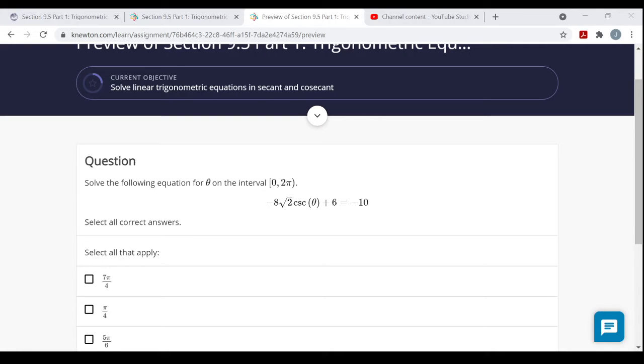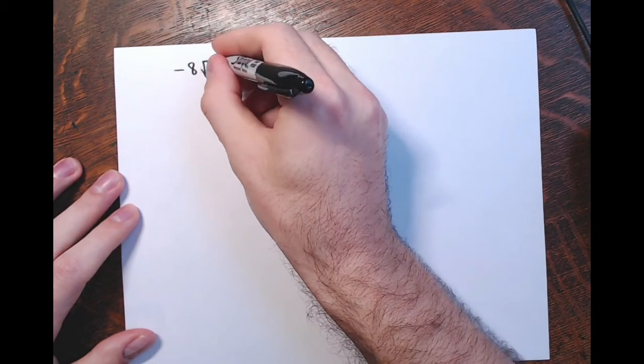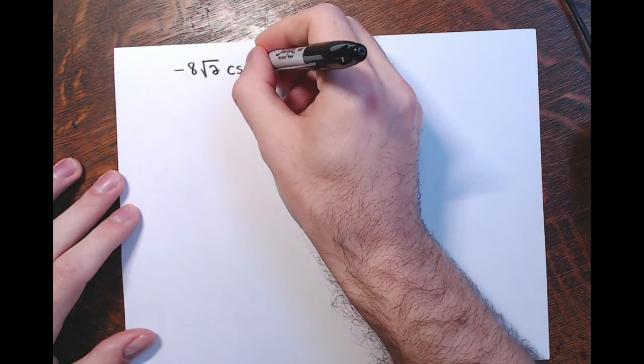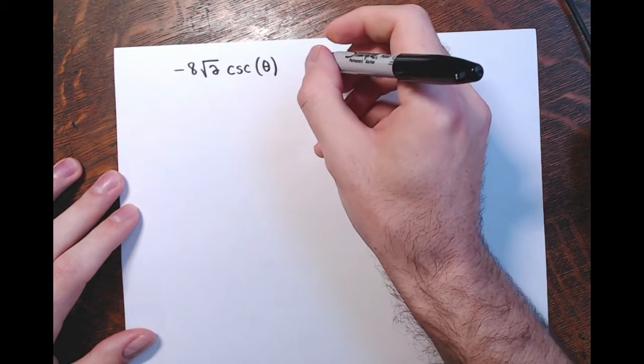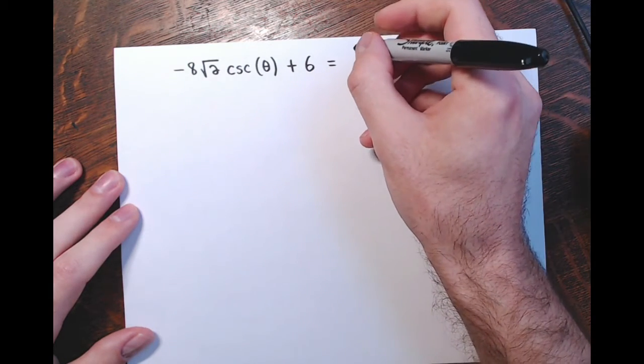So I'm going to write this out. We have -8 times the square root of 2 times the cosecant of theta plus 6 equals -10.